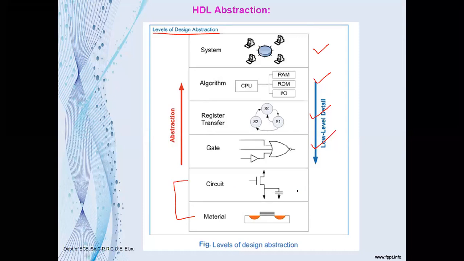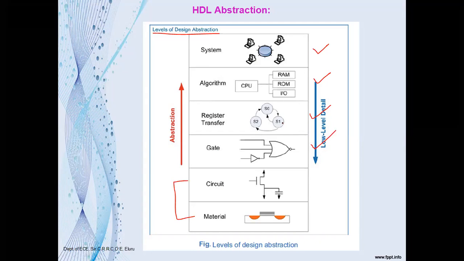You cannot describe all the billions of transistors for the CPU of a computer. So that's why at the circuit level and the material level, HDL abstraction cannot be realized. But for the system level, algorithmic level, register transfer level, and gate level, we can describe or design the system.